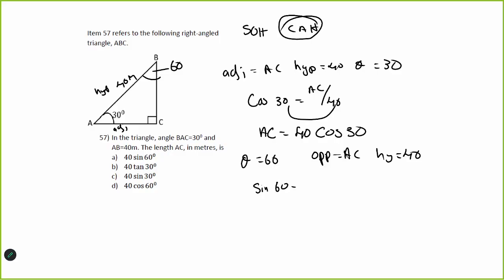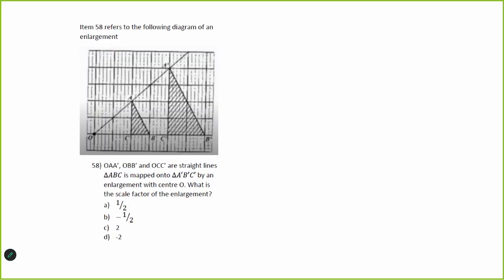Sine 60 is equal to AC over 40. Carry this across, it'll be 40 sine 60 is equal to AC. 40 sine 60, that is A. So you see how we worked it out using this angle. We saw that there's no answer like 40 cos 30, so we went to the alternative using the other angle. Then we have this one.